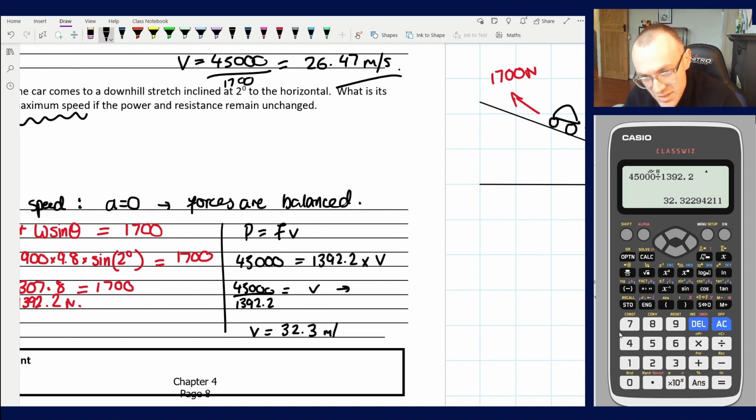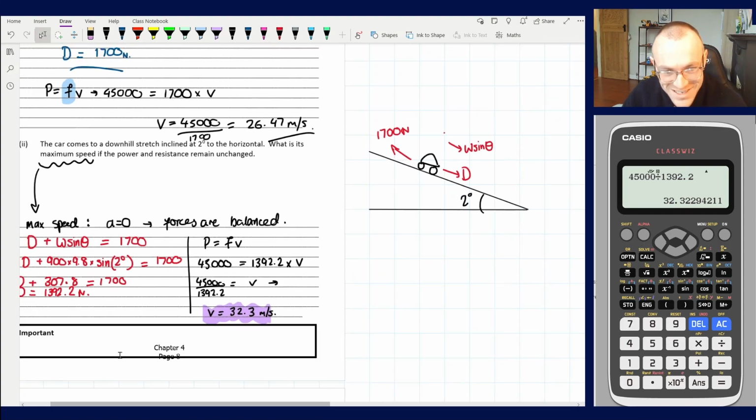Let's go 1 decimal place. My velocity there. Cool. Amazing.